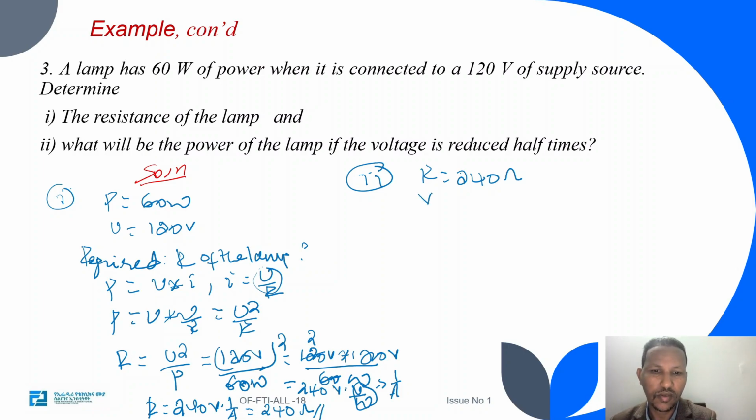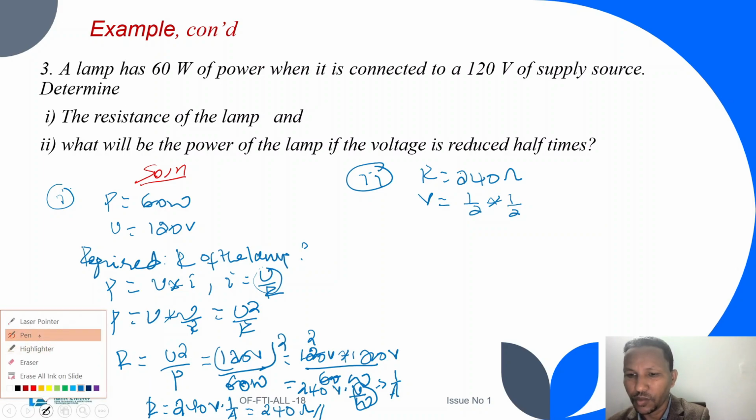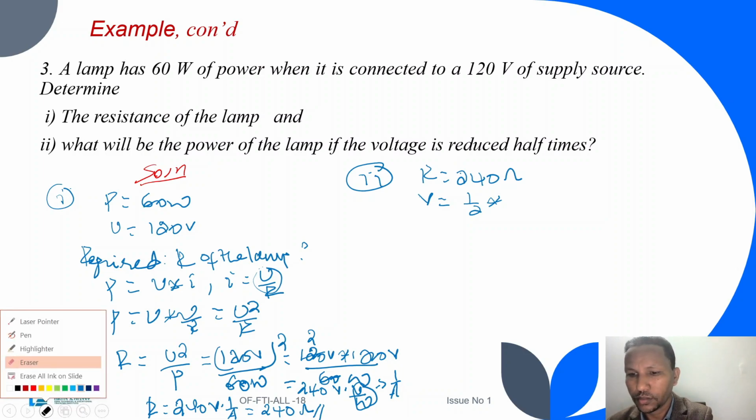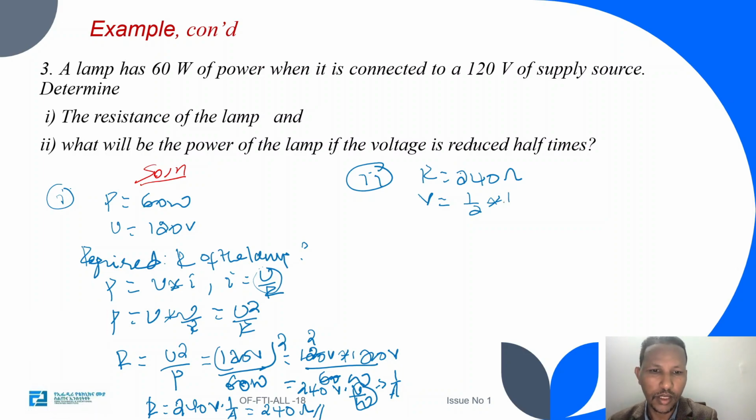For the second case, the voltage is half of 120 because the voltage is reduced by half of the previous one. Half times 120 volt, so the voltage would be 60 volt.